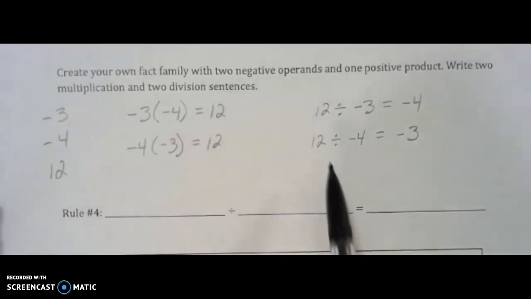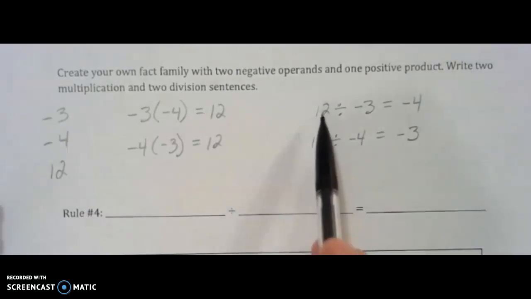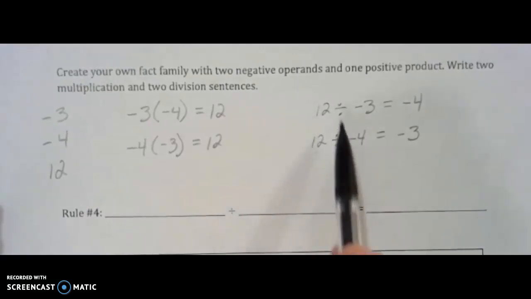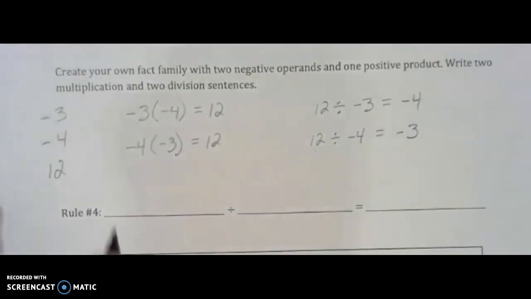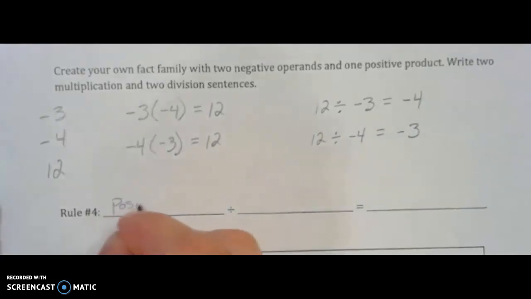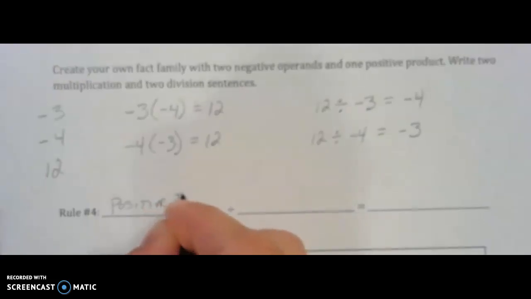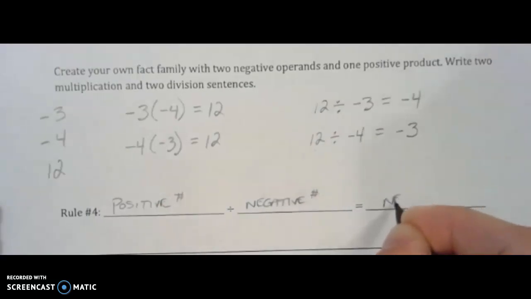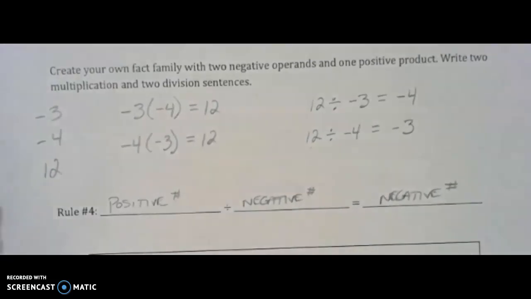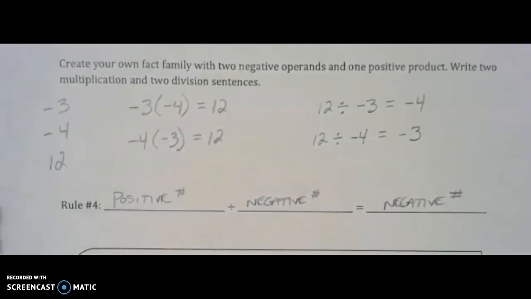Both of these division problems show our fourth rule. If we start with a positive number and we divide by a negative number, our answer has to be negative as well. So let's go ahead and write this in. A positive number divided by a negative number is going to give us a negative number. And that's your fourth rule for division.